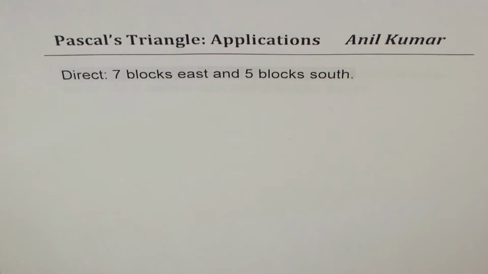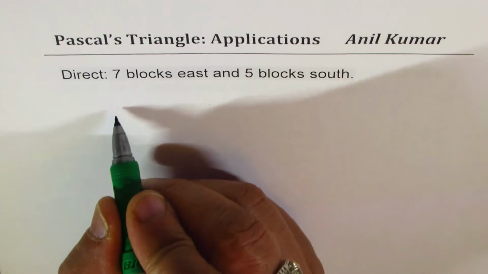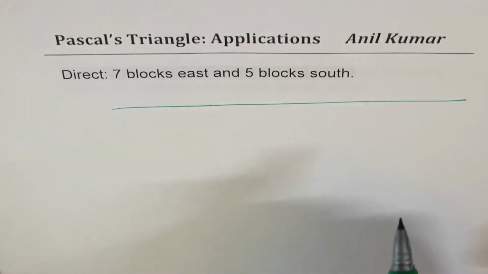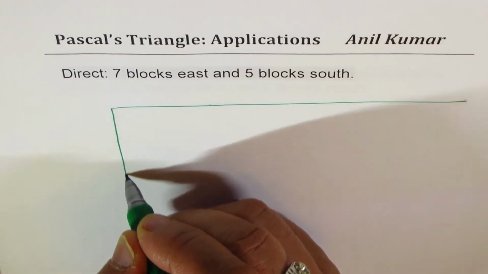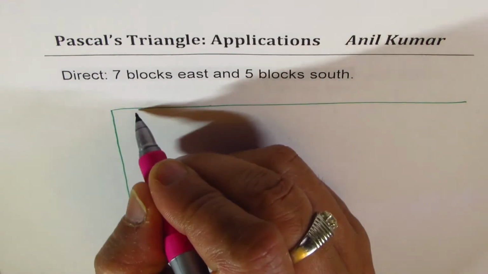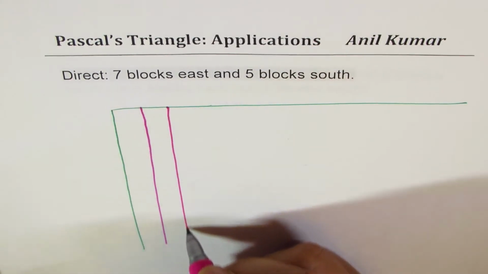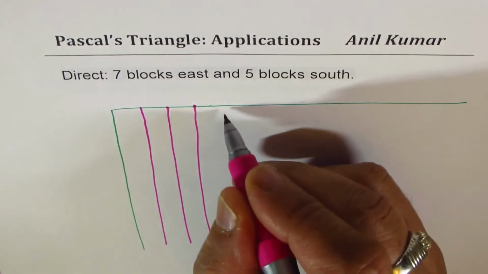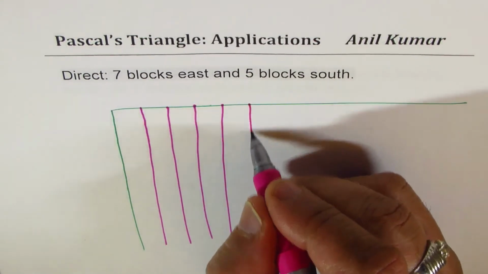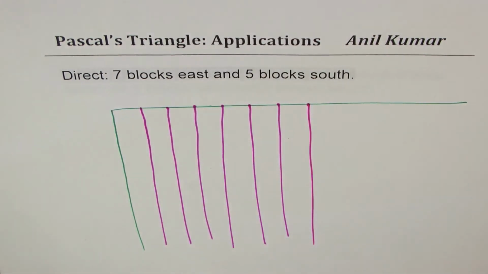So I'll begin from here. So let's see how many routes are there when Nirvan goes 7 blocks east and 5 blocks south. So let us say these are 7 blocks. Let me draw lines here. 1, 2, 3, 4, 5, 6, and 7.